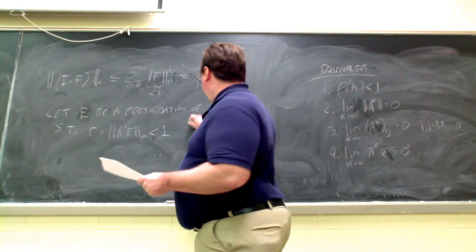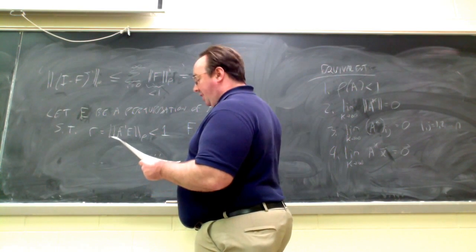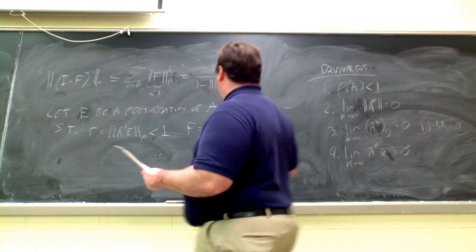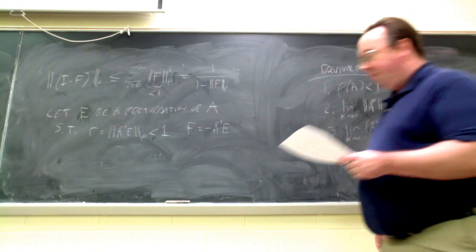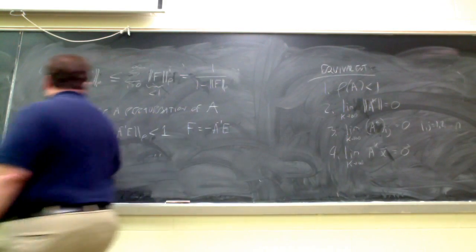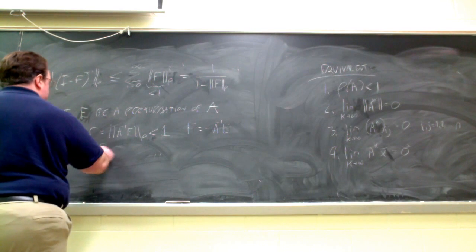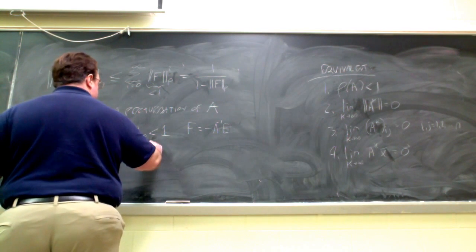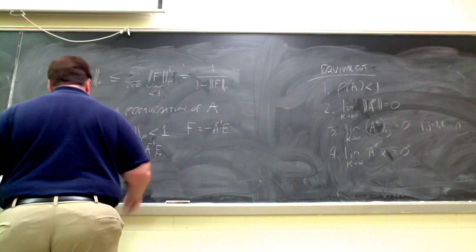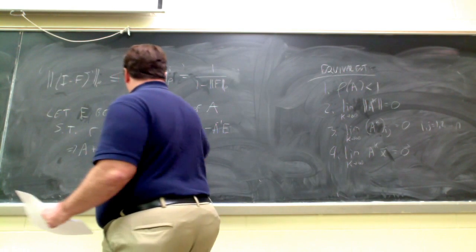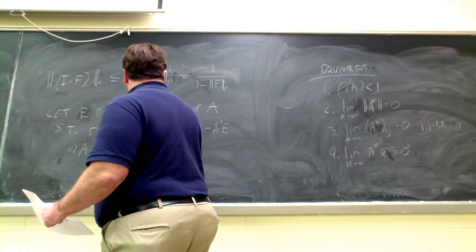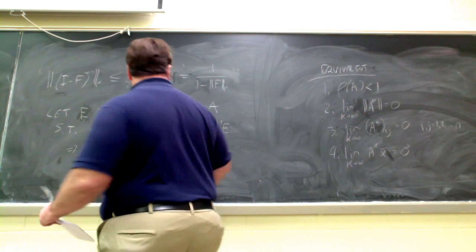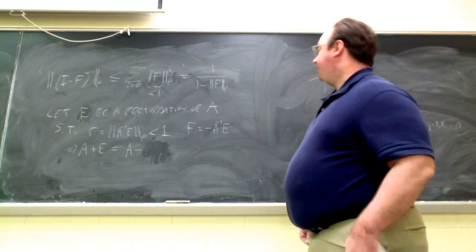So I'm going to let my matrix F be minus A inverse E. So what that would mean is A plus E, which is the same as A minus A inverse E. No. Not what I wanted.